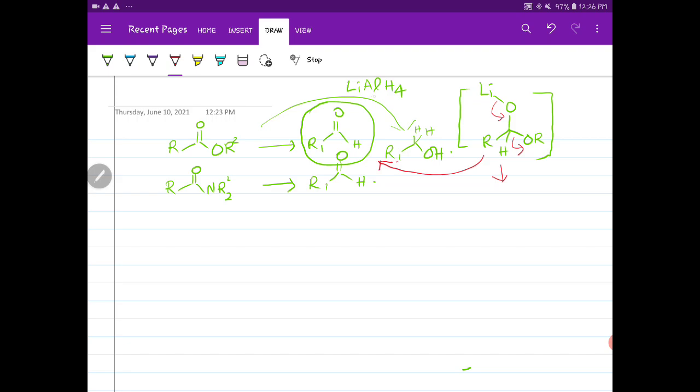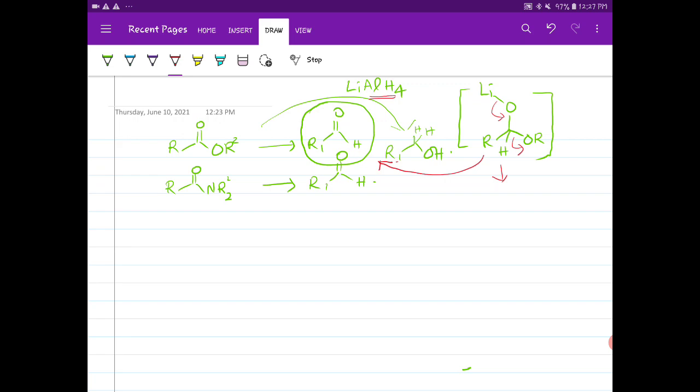But lithium aluminum hydride, as we discussed in the previous class, will not stop in one step. It can deliver many more hydrides, a minimum of 4 during the course of the reaction. So aldehyde will not be the terminal step of the reaction. It will again get reduced to give alcohol.